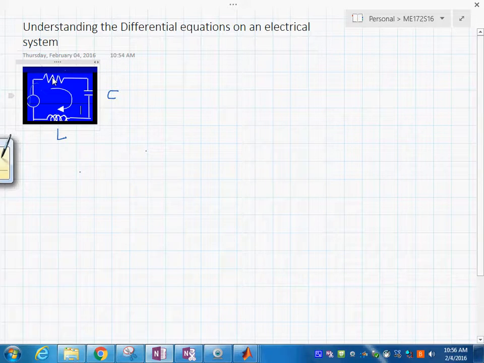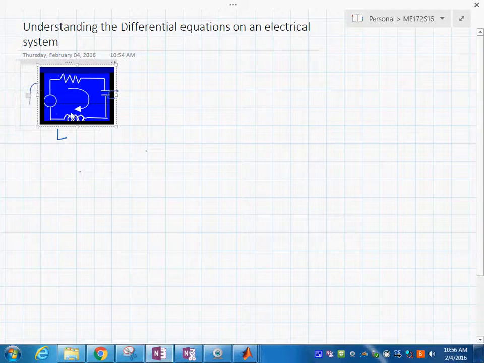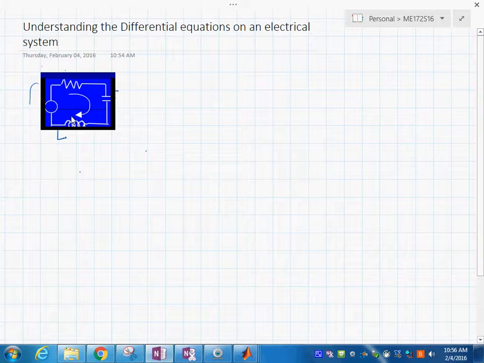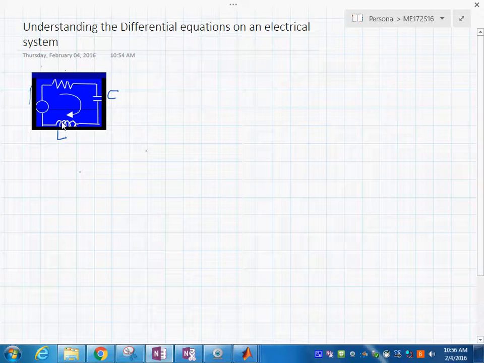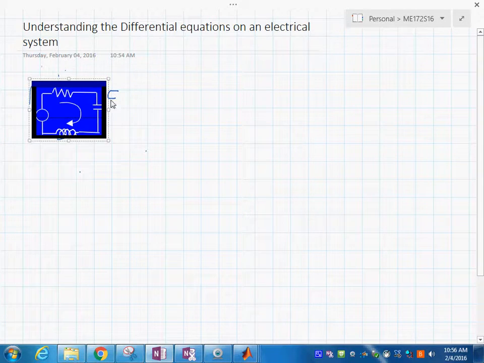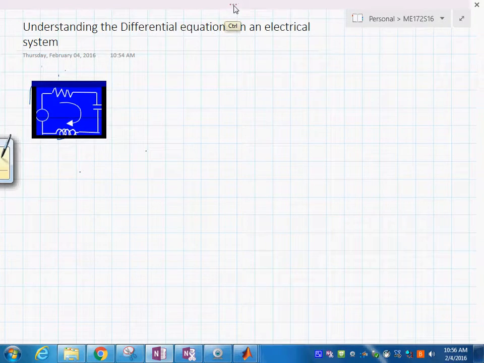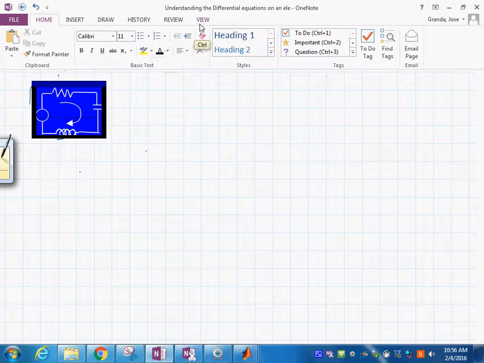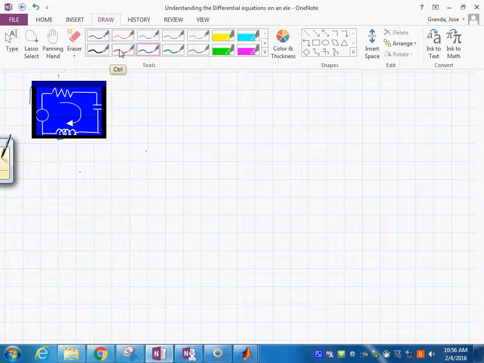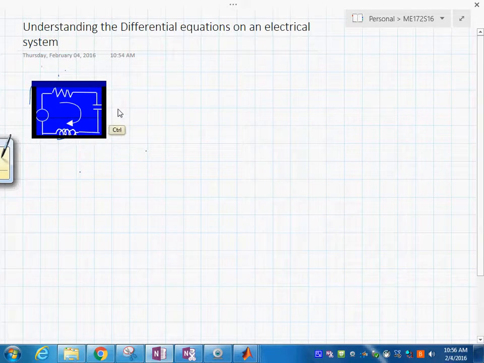Maybe we need to move it a little, it's not allowing me to write where I need to. Let's try again, this time a little more colorful.